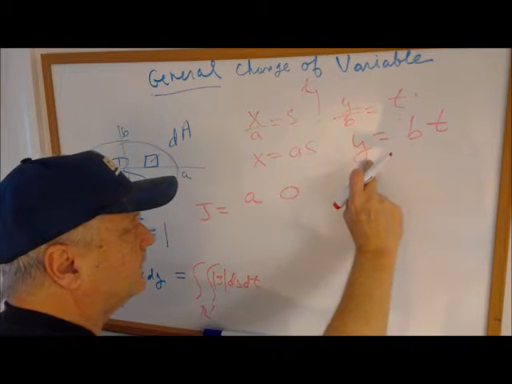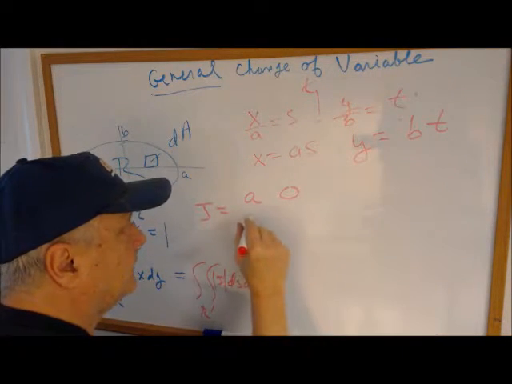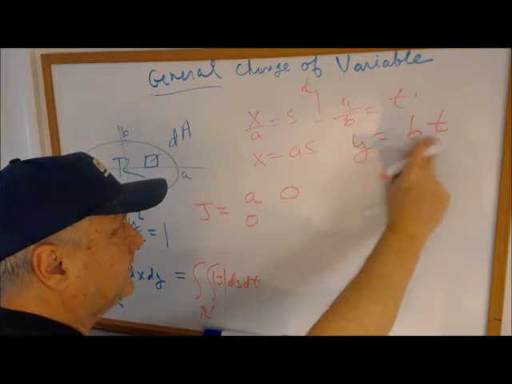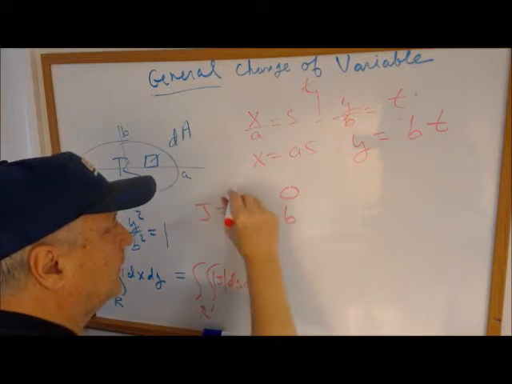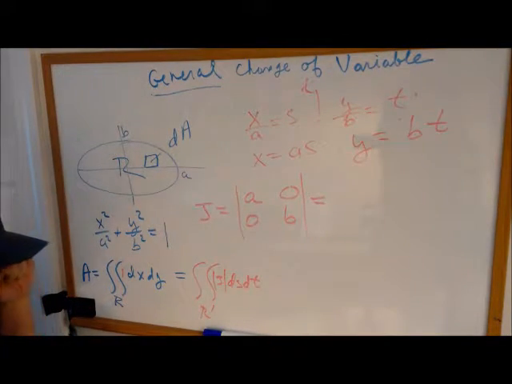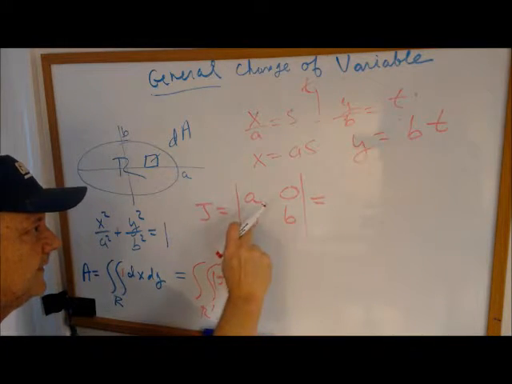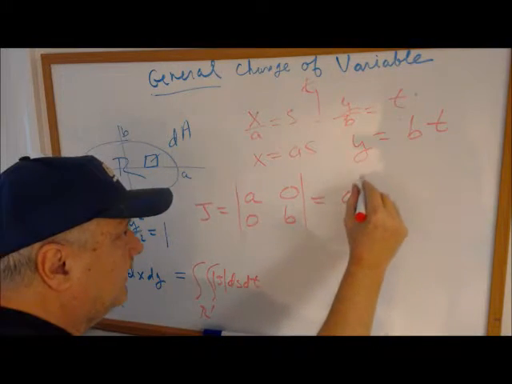The partial of this with respect to s is 0. Partial of this with respect to t is b. And we're going to take the determinant. Okay, the determinant of a 2 by 2 matrix is this times this minus this times this. Well, that's just ab.